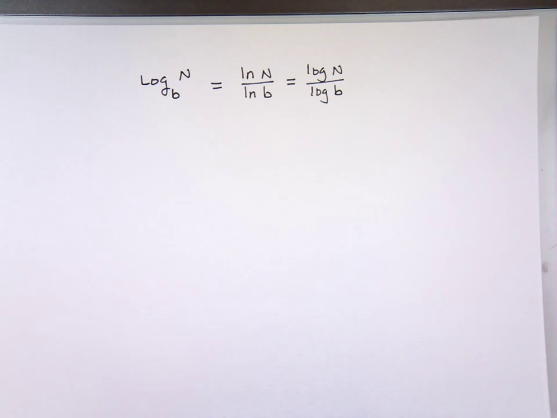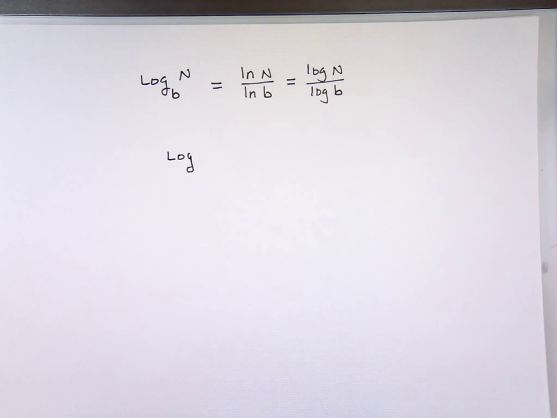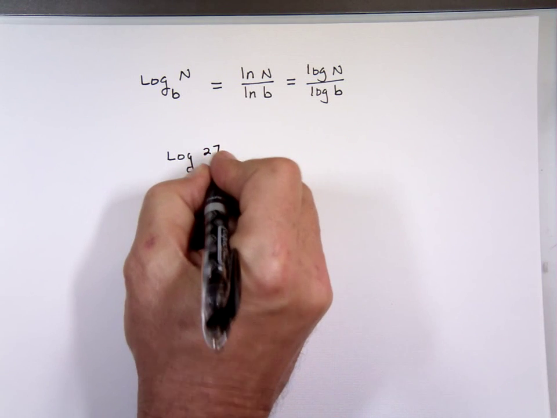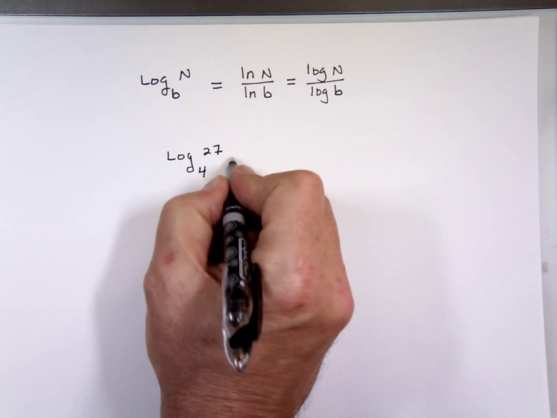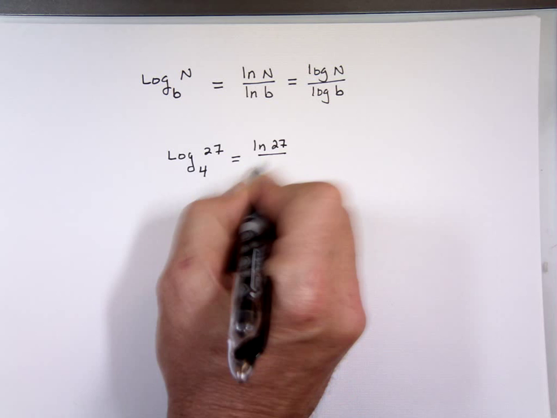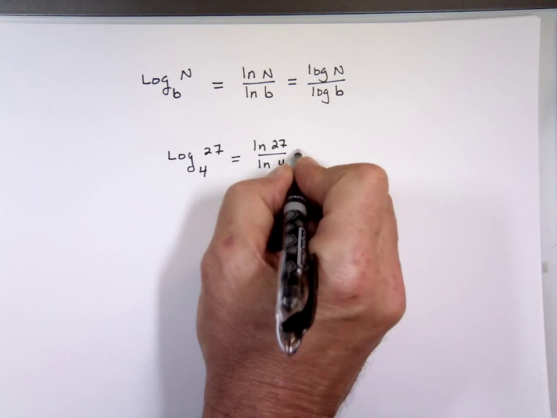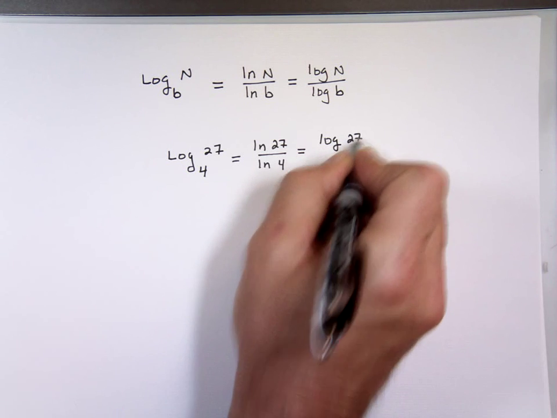So if I said to you, can you tell me what is log 27 base 4? You go, sure. That's the natural log of 27 over the natural log of 4, or the log of 27 over the log of 4.